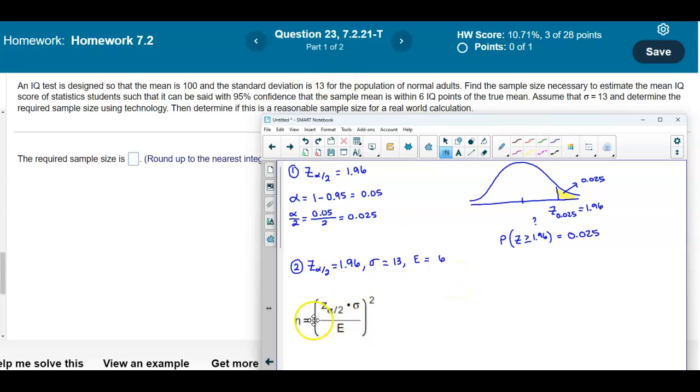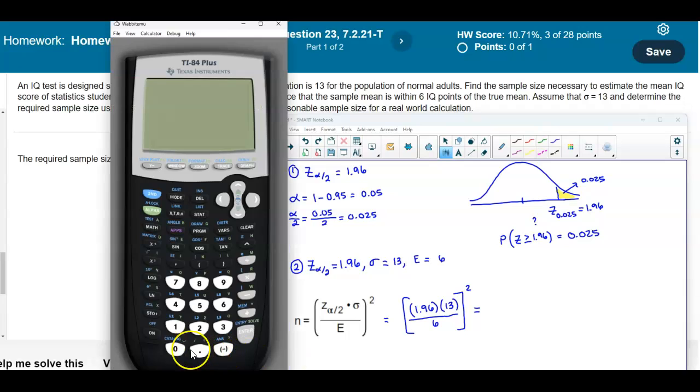Now we can plug it into our formula. We have 1.96 for the critical z-value. We multiply it by the population standard deviation of 13, then divide it by the margin of error of 6, and then square that result.